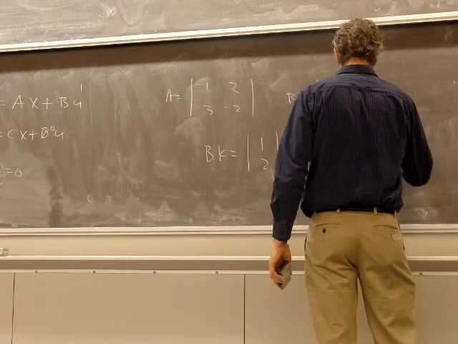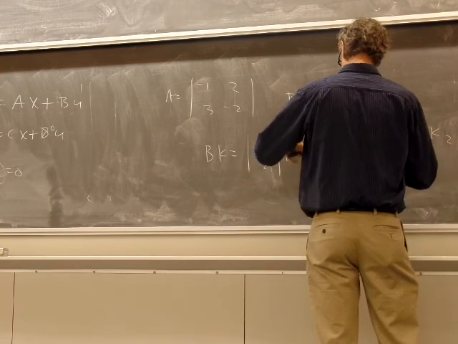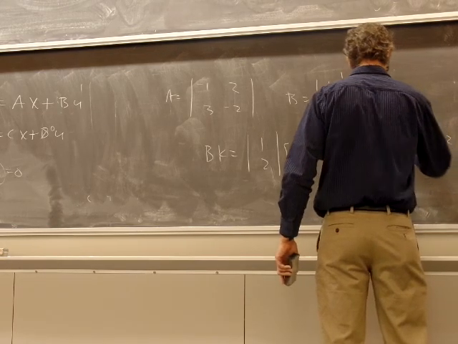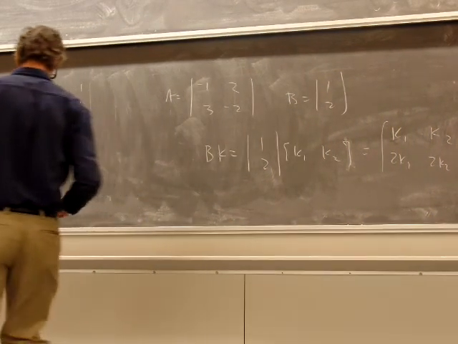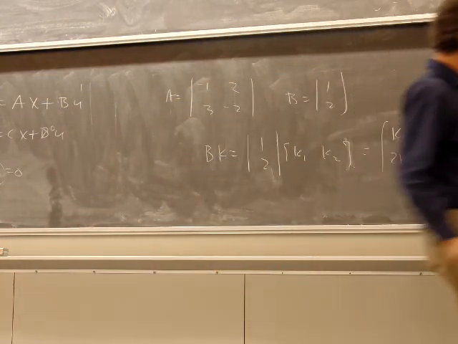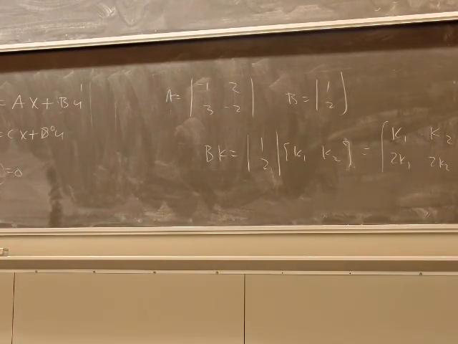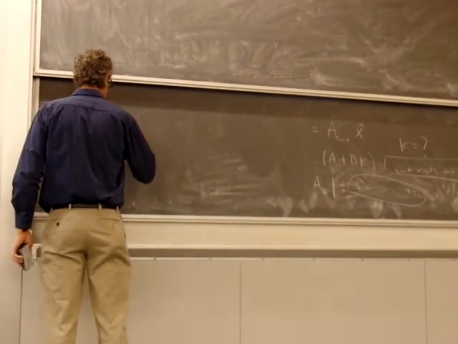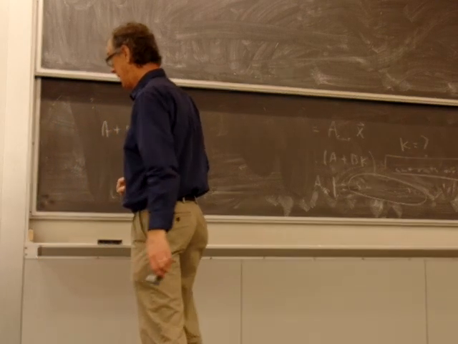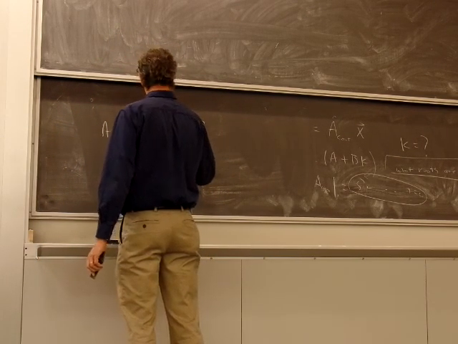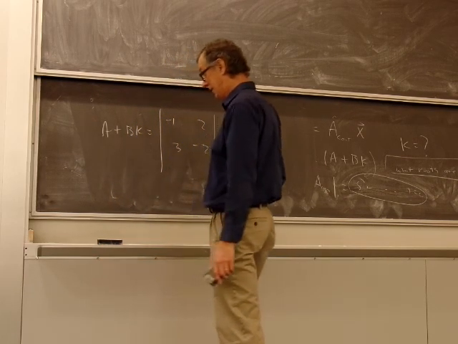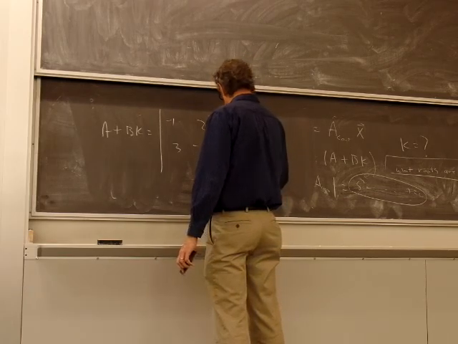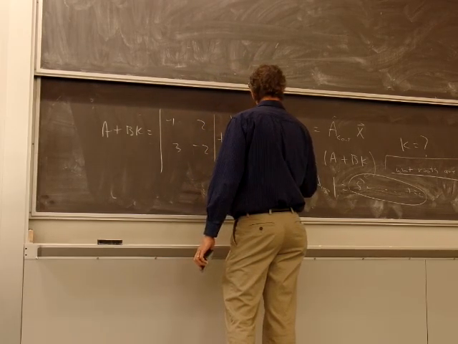So this is what? K1, K2, 2K1, 2K2. So I have to add these up. A plus BK. In this case, I have minus 1, 2, 3, minus 2, plus K1, K2, 2K1, 2K2.